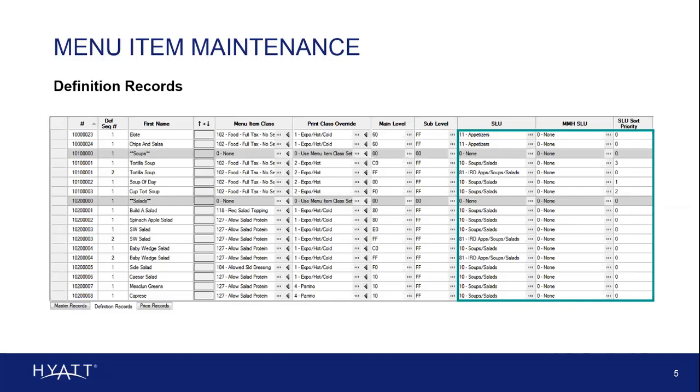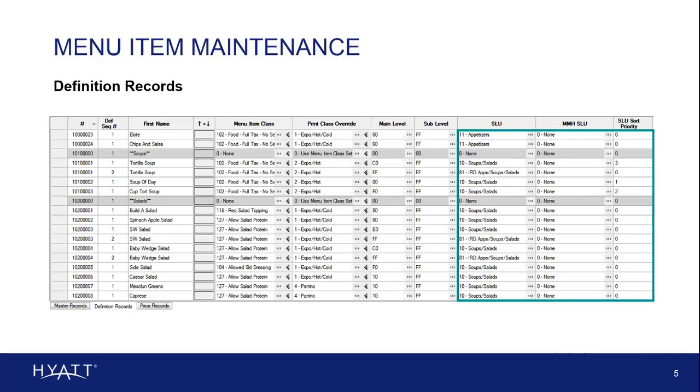So it's important to note your SLU is related to where on the workstation, which screen it's going to show up in. We don't use the MMH SLU. You can ignore that column. That's for mobile micros handheld SLUs. The tablets that we use in most of our properties that have wireless do not use that MMH SLU. They just use the standard SLU as a regular workstation.